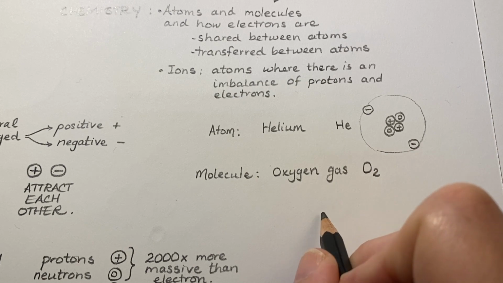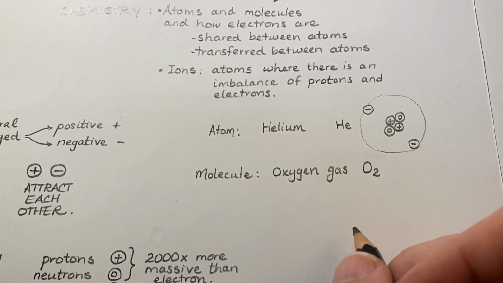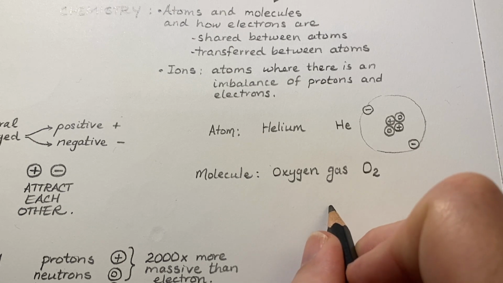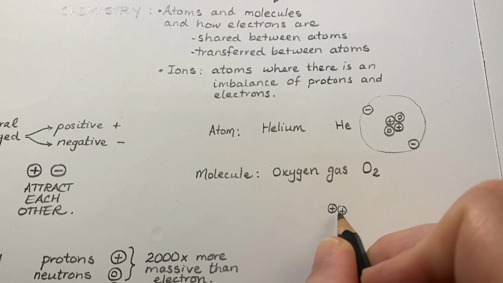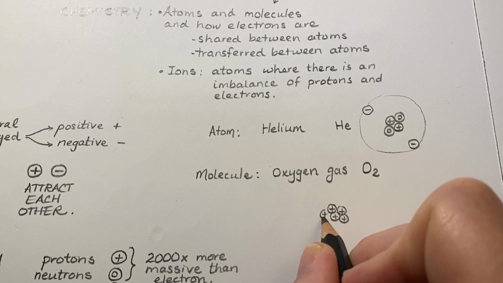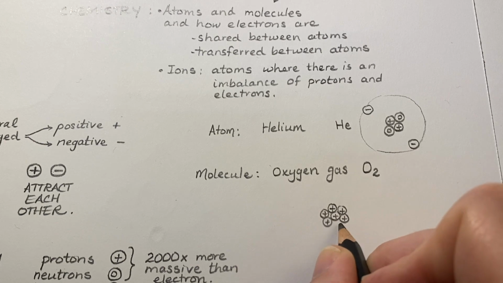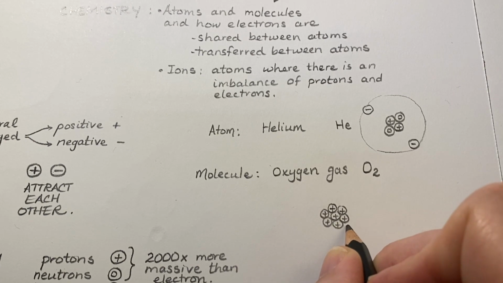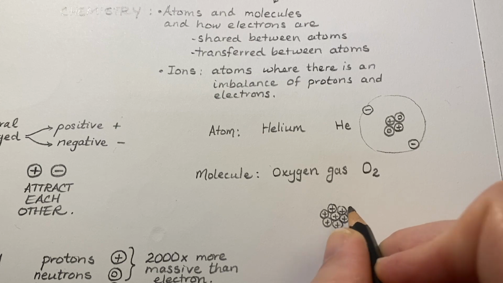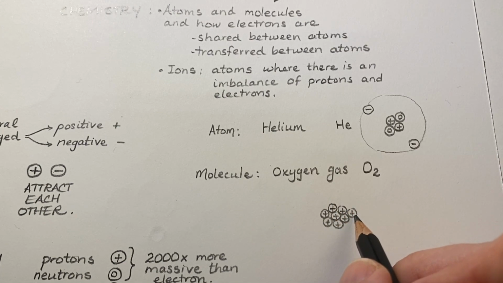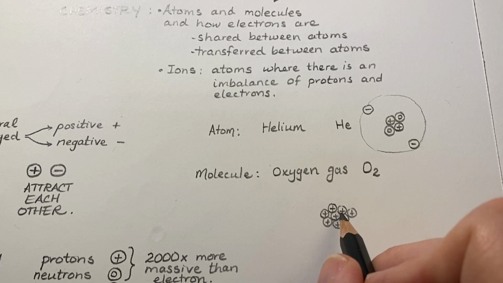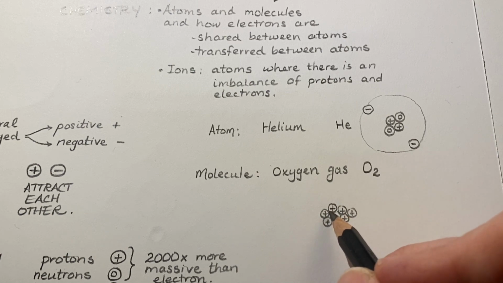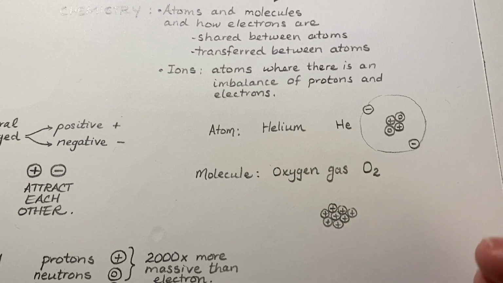Oxygen has 8 protons. So this is going to take a little bit, but we've got 8 of these protons, 6, 7. I'll just put this one over here. So we've got these 8 protons, and there's actually also neutrons, but I'm going to ignore those for now.